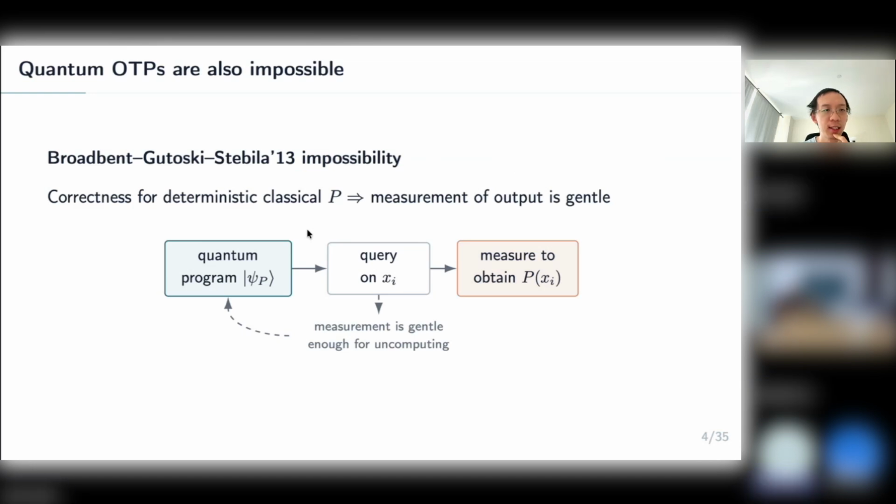Excuse me, I have a small doubt here. This quantum program, it's a state, right? Is it not an oracle or something? Here the program is encoded in a state. Yes, you can think of it as a quantum advice that you feed into a universal quantum circuit, and the universal quantum circuit will take this and also input X, and then compute according to the circuit and give you the output.